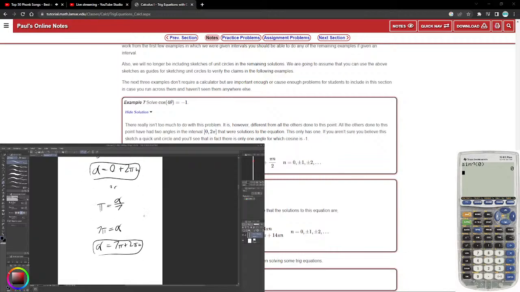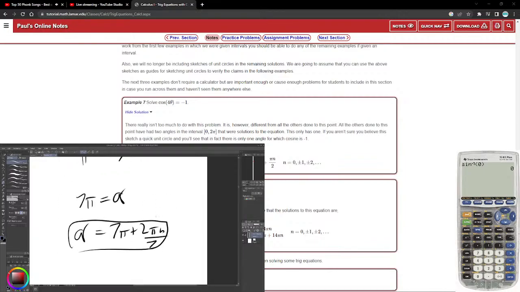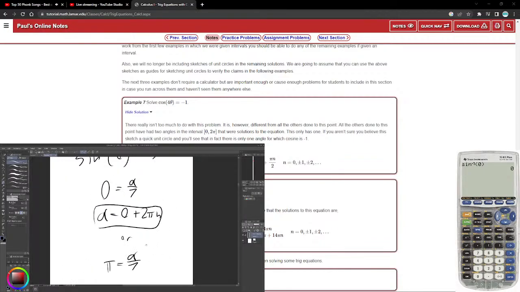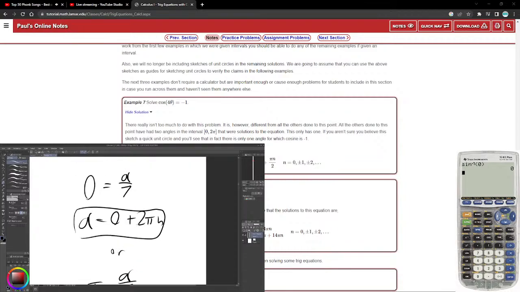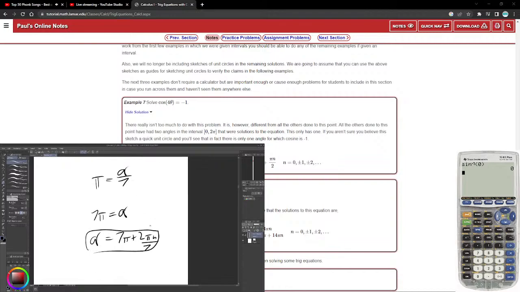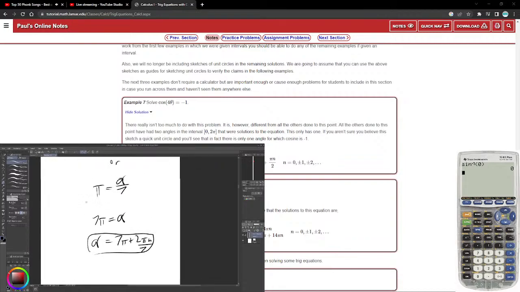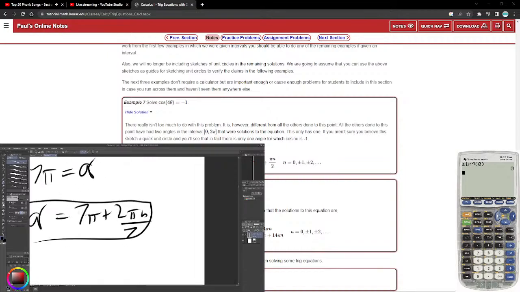Oh, I forgot, I always forget. So this is 2 pi n over 7, and this is 14 pi n. Or no, this is also 14 pi n. Yeah, okay, because you're still multiplying by 7.